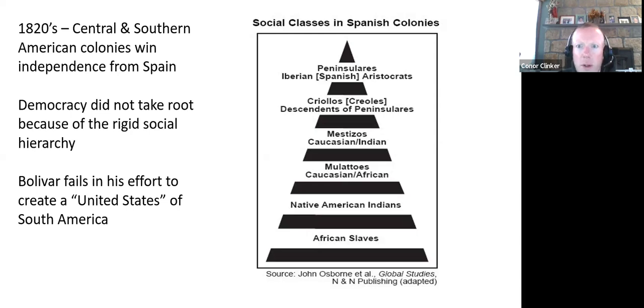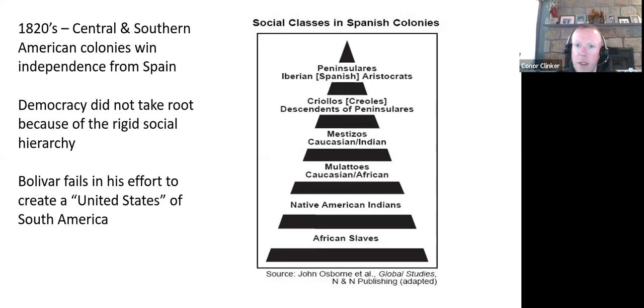This chart here, you can see the rigid social hierarchy. Peninsulares were on top. That refers to people born on the Iberian Peninsula, Spain and Portugal. They were the dominant people. If you're born in Spain or Portugal and then come to South America, you're the most powerful people. Below them would be their descendants.